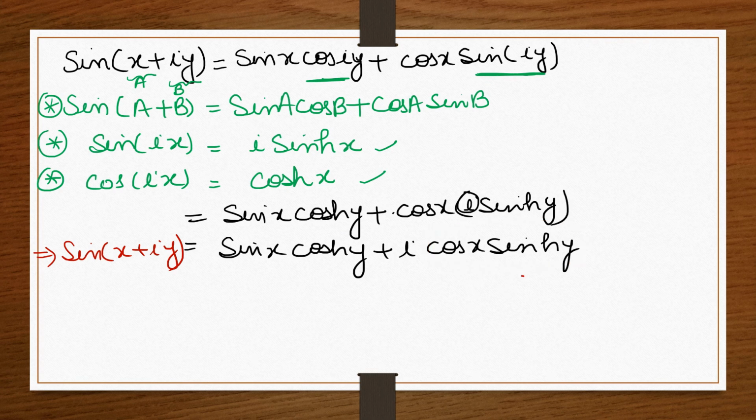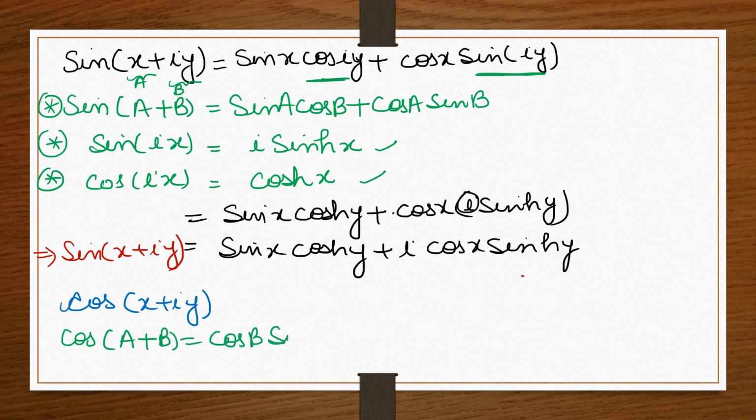So see class, cos(x plus iota y). Now what is the formula of cos(a plus b)? The formula is cos a cos b minus sin a sin b, right? And here a is x, b is iota y.